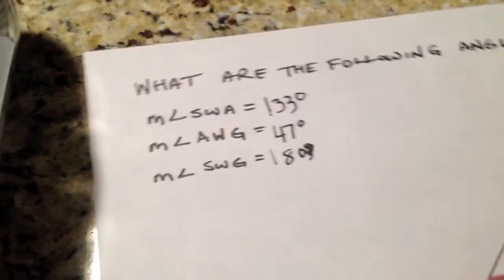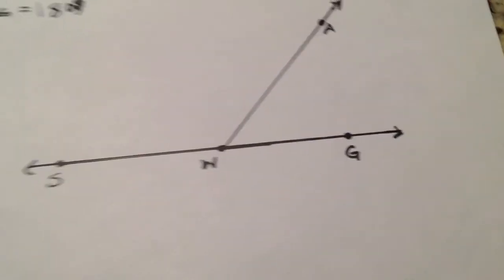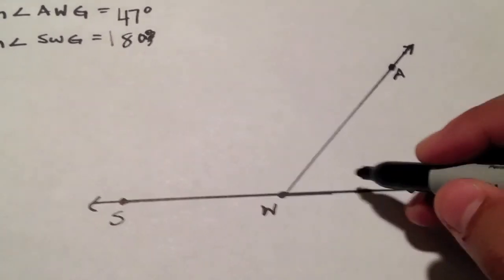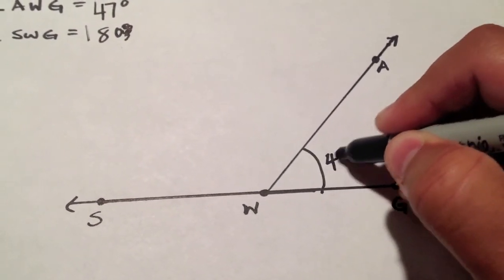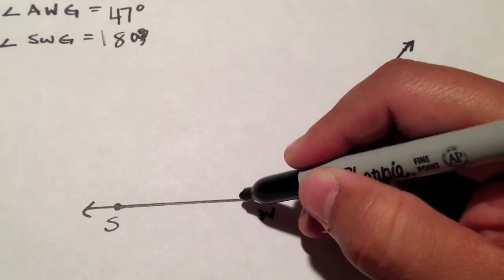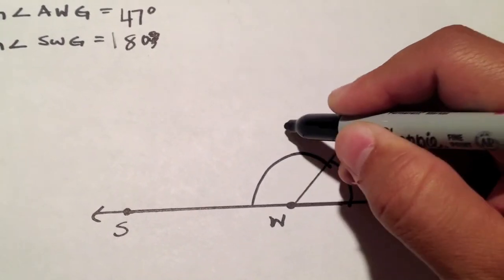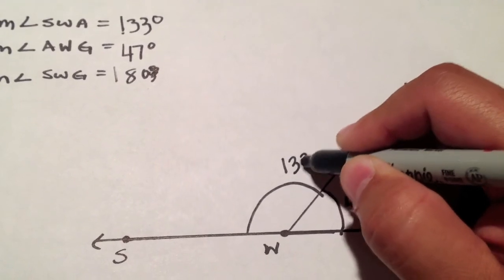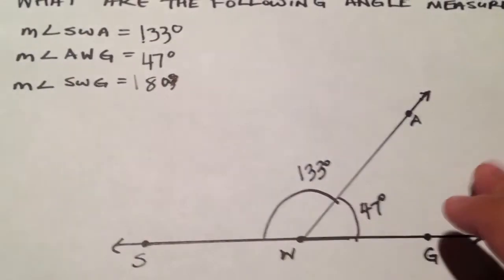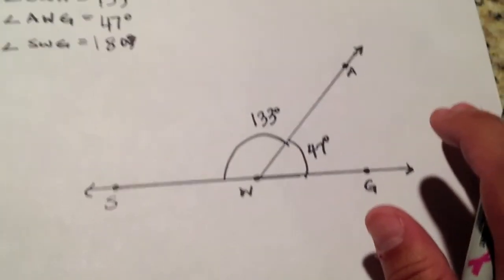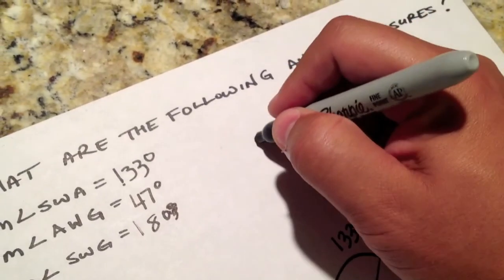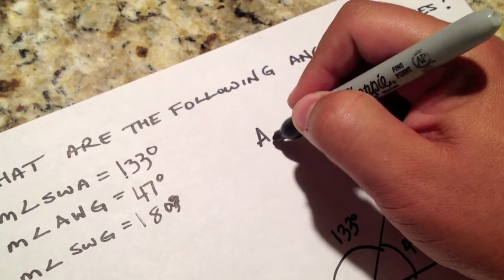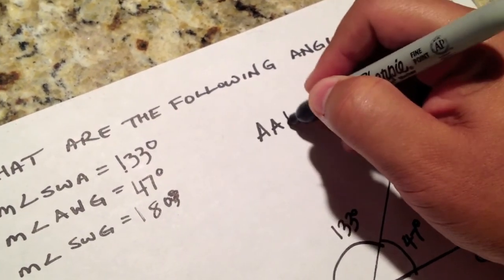Now, the other thing we can do is that if we know that this angle right here is 47 degrees and this angle right here is 133 degrees based on our protractor measurements, we can now implement another postulate that we're going to talk about, which is the angle addition postulate, or the AA postulate.